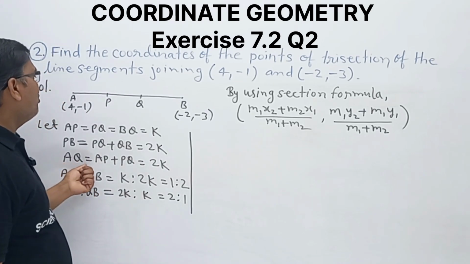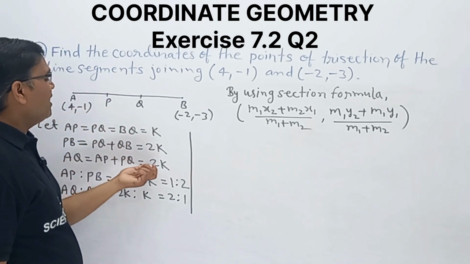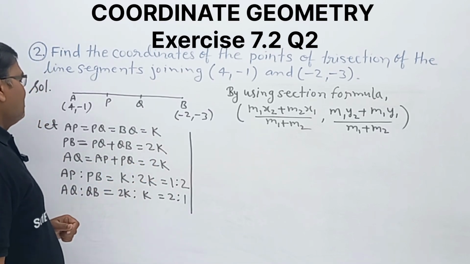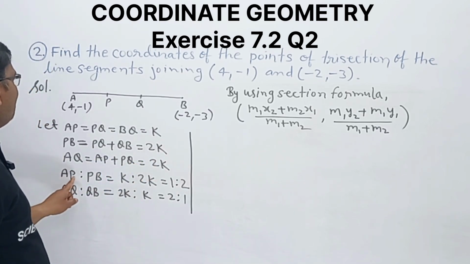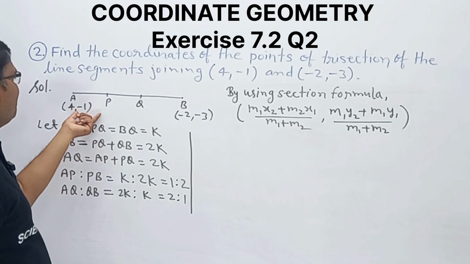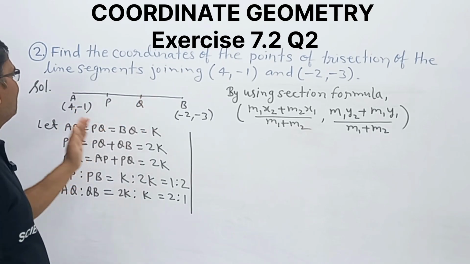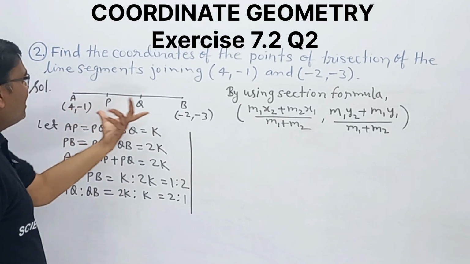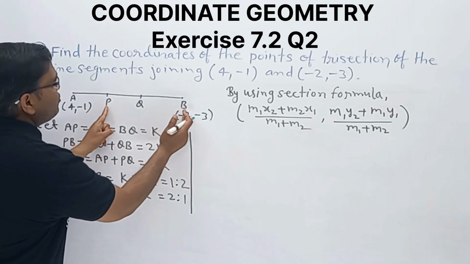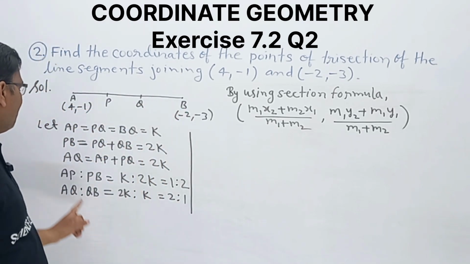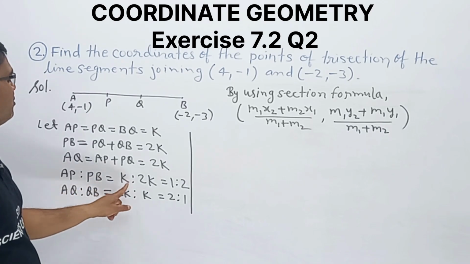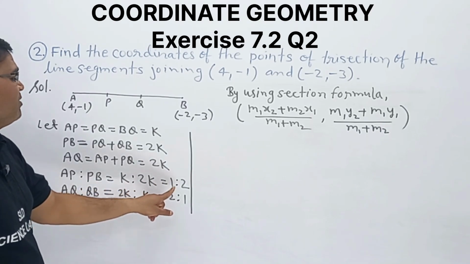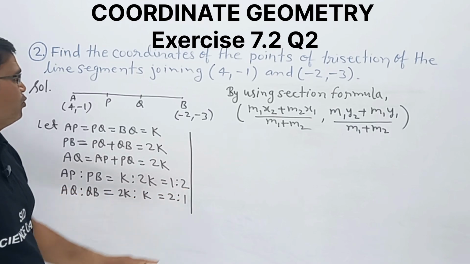And AQ will be AP plus PQ, which equals 2K. Observe, AP is to PB: this part is K and this part is 2K. So AP is to PB will be K is to 2K, which simplifies to 1 is to 2.